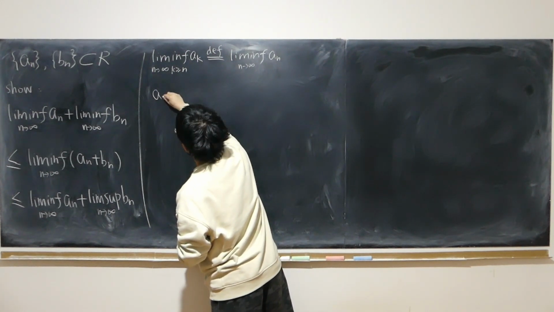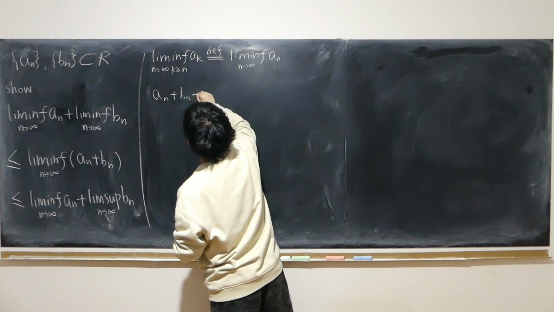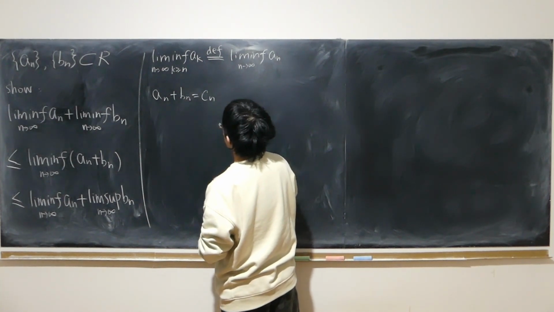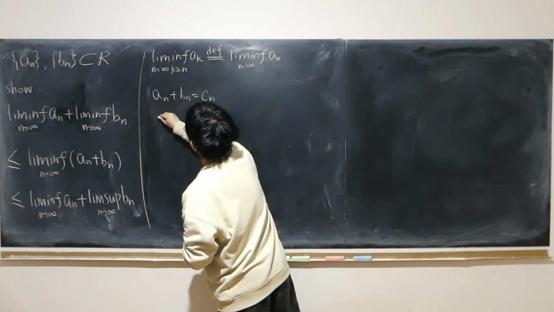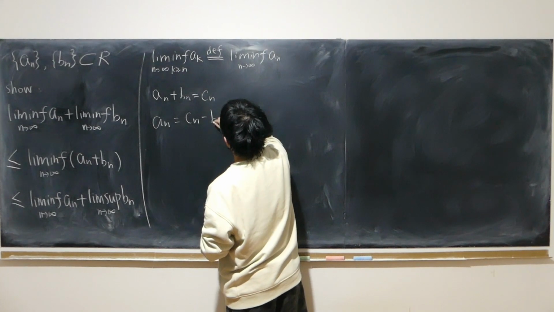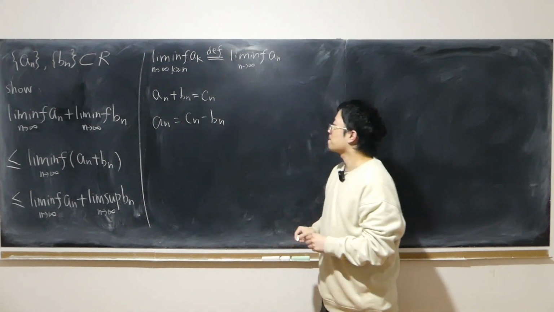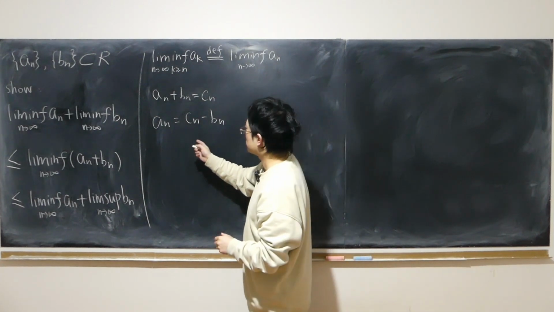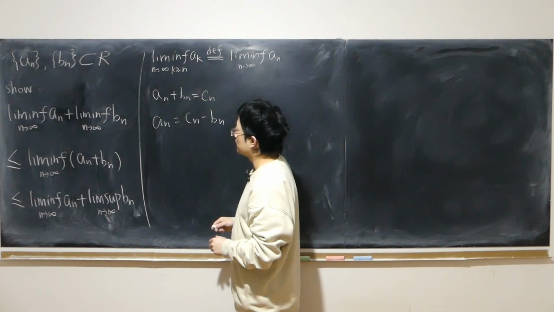Before that, I'm going to let an plus bn equal cn. Then an is equal to cn minus bn. This is the key step. I'm going to express an in terms of that.